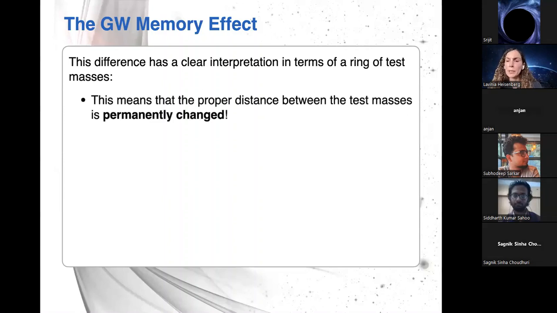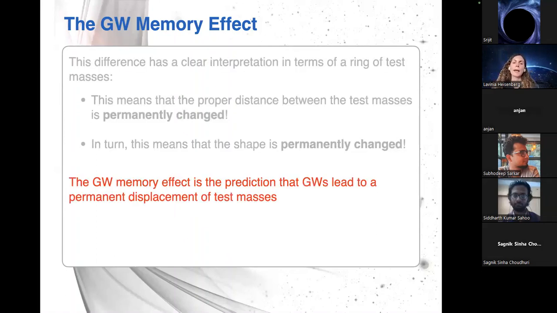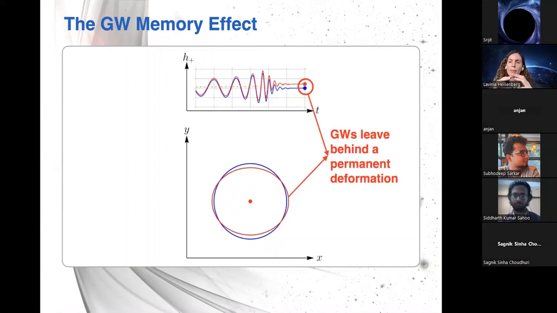So this means that the proper distance between the test masses is permanently changed, and the shape is permanently changed. This would mean that the gravitational wave memory effect is a prediction of general relativity that gravitational waves give rise to a permanent displacement of test masses. Here you can see when such a wave passes through a ring of test masses, once the gravitational wave passes, there is a permanent deformation.